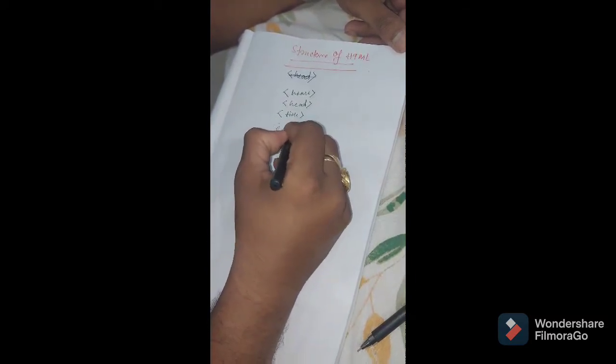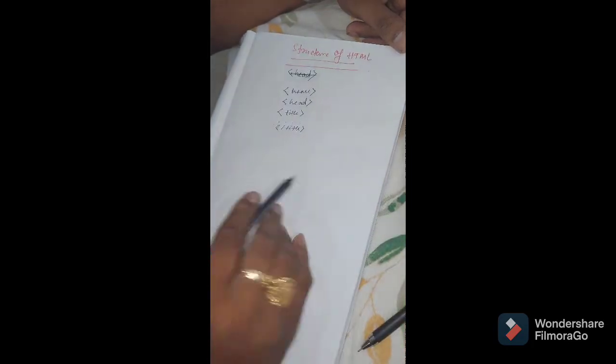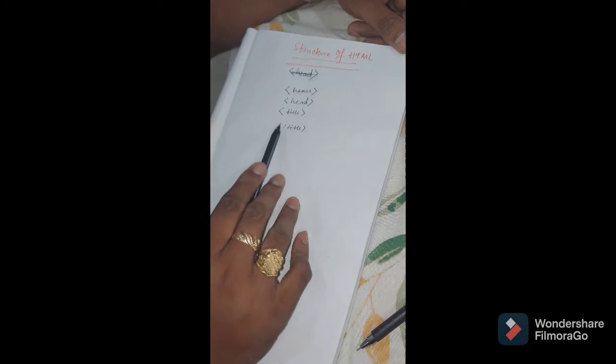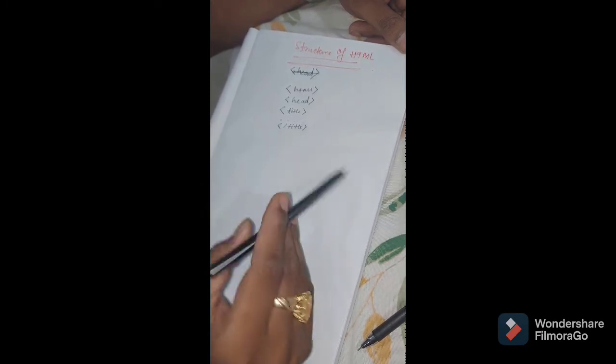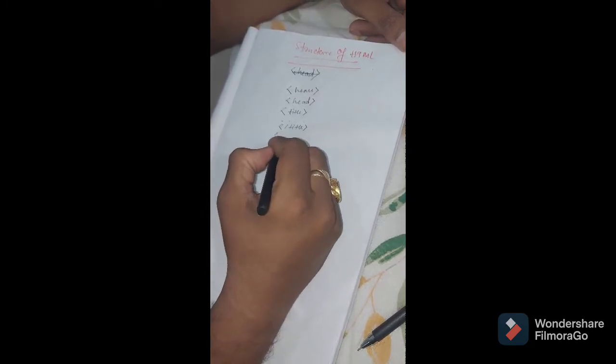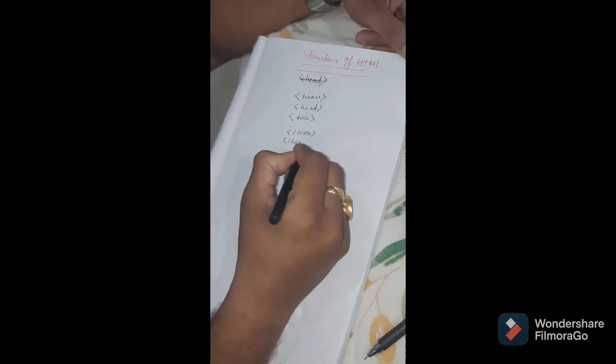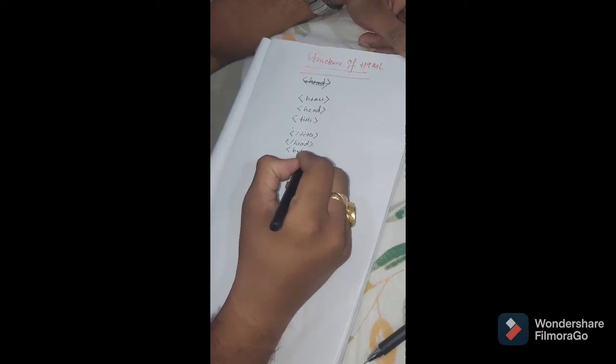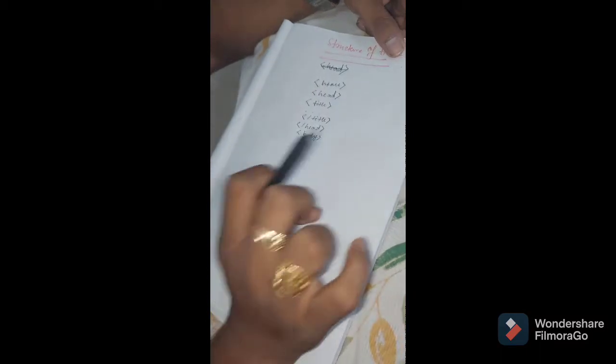The title will be ended, and to use that closing tag, I am using a front slash and the tag name within a pair of angular braces. After that, I will put an end to the head, so front slash head. Then I should write the body tag. In between the body tag, I should write whatever I feel like, and that should be seen in the browser's main page.